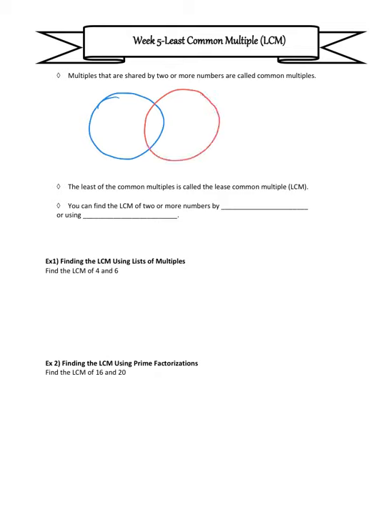Alright, so let's focus on the red being prime factors of 8. And then we'll talk about the blue being prime factors of 12. Okay, so going through our list here, remember that we're talking about prime numbers, so numbers that are only evenly divisible by themselves and 1.